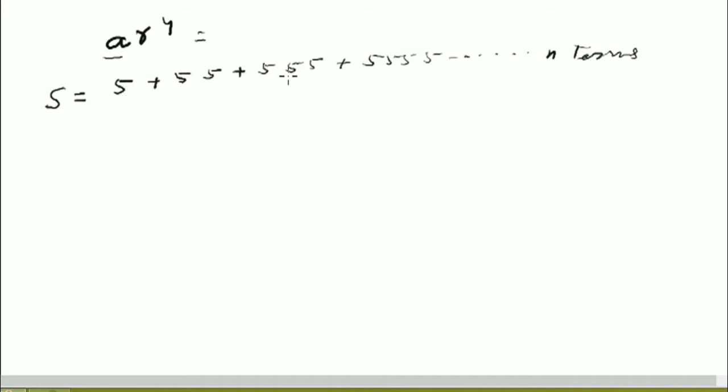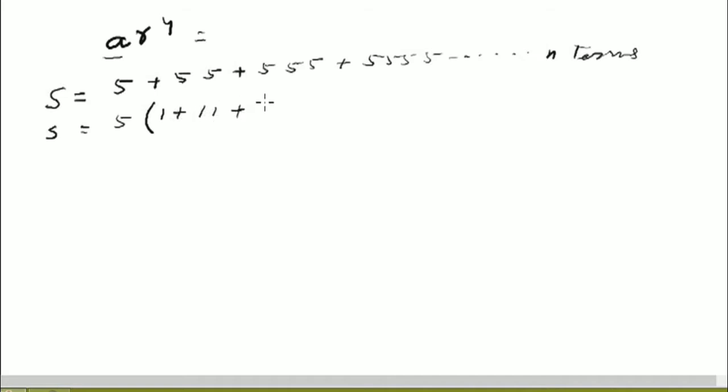Anyhow, we have to make it 1, 11, 111, like that, so that we make the series convenient to be identified as one of the series, AP or GP. On taking 5 common, it gives us 1, 11, 111, like that up to n terms.